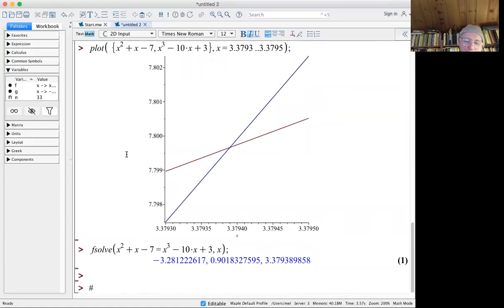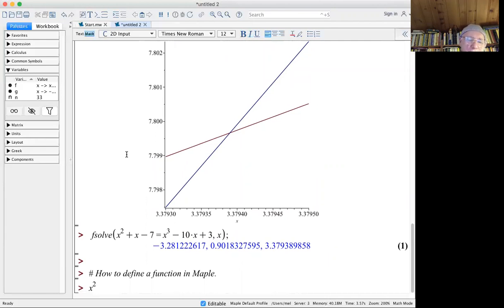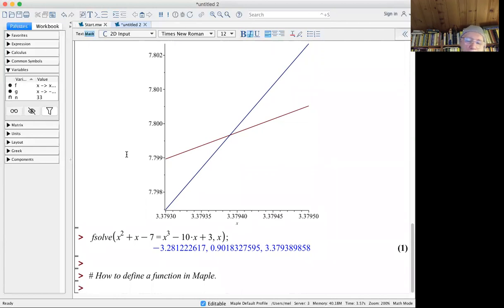Let's recall how to define a function in Maple. If you want the function x squared, it's not just writing x squared. Let's give it a name. Let's call it f of x. So it would be f colon equals x and then an arrow.